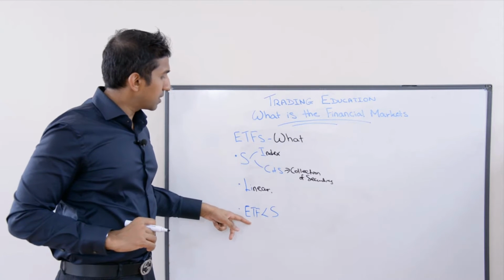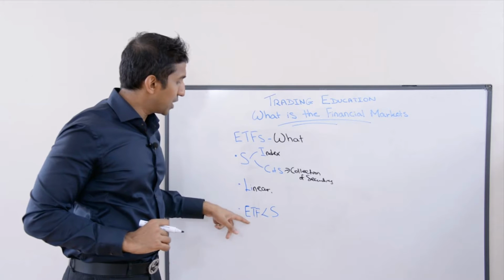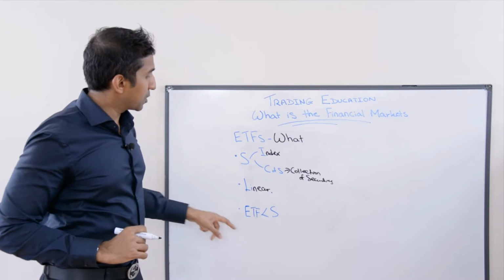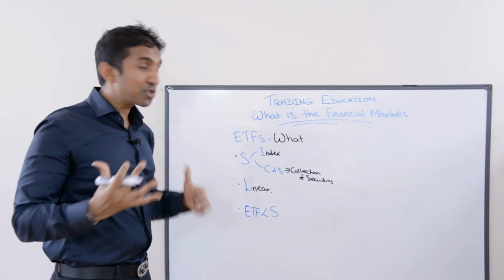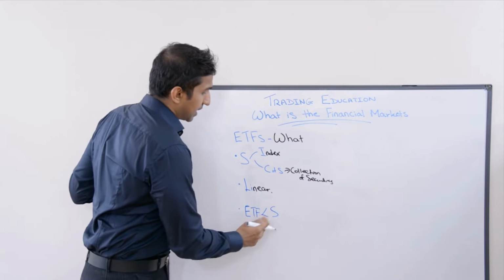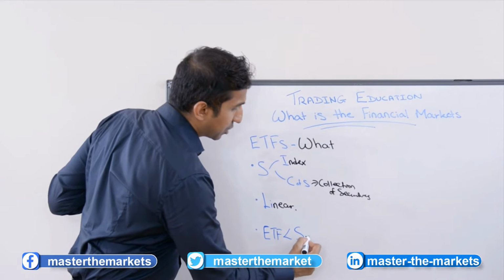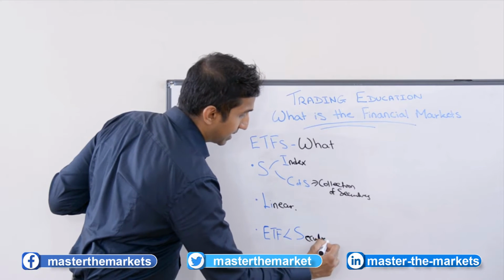Now, one important concept I want to leave you with in explaining what exchange traded funds are: imagine the exchange traded fund price is trading lower than the securities it's bundled under.